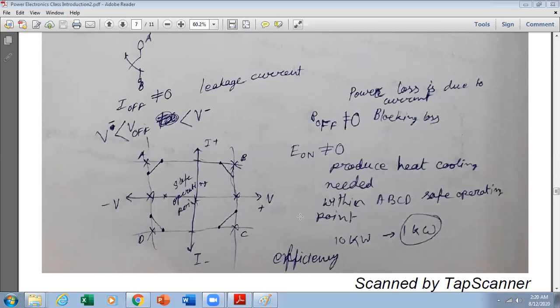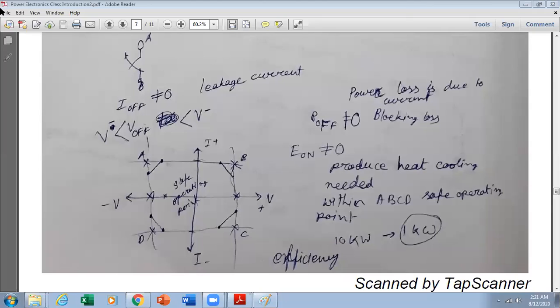The current tries to flow through the gap between the two conductors. That is actually the ionization of air in between the wire. There is a gap. It is the same thing for the opening of a switch also. So in that way leakage current is also possible in the practical case of an open switch, because of ionization of air.